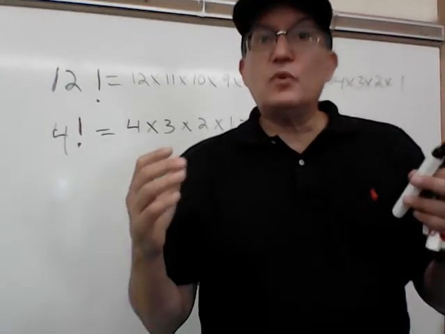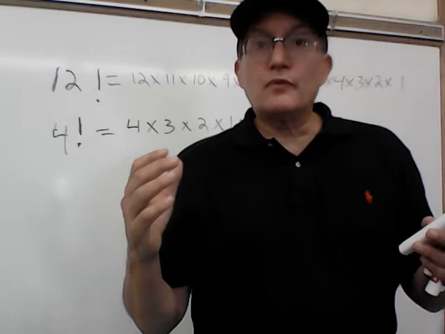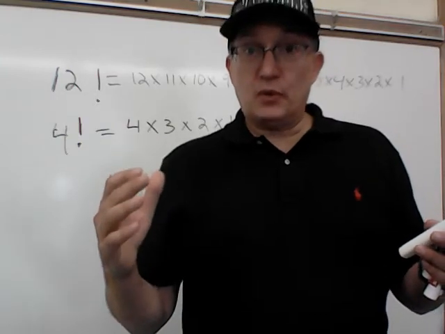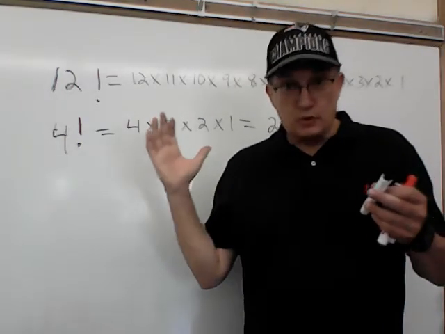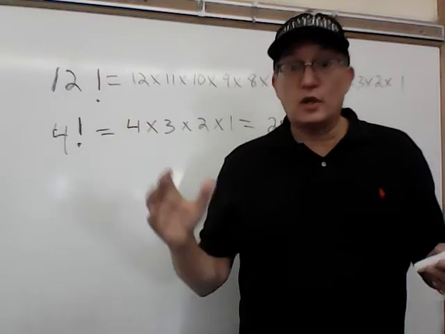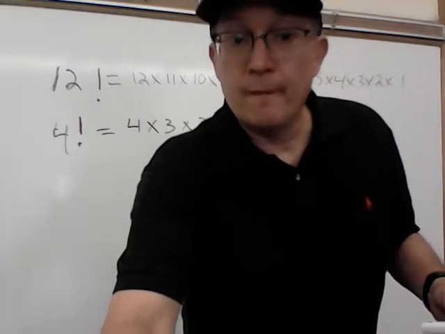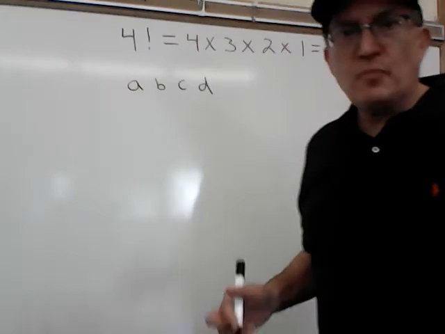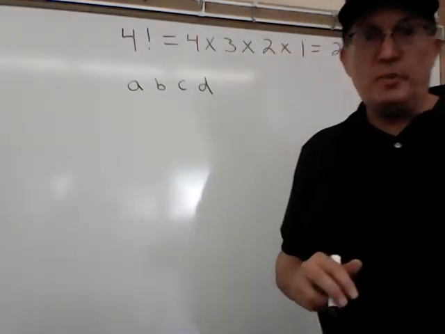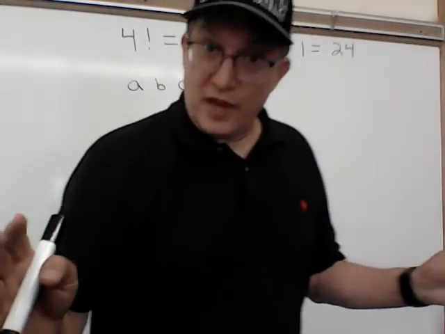But now let me give you an example of something that's often asked in middle school, where this tool of factorial will be helpful. I've put 4 factorial back up here on the board because I don't really want to deal with 12 factorial.